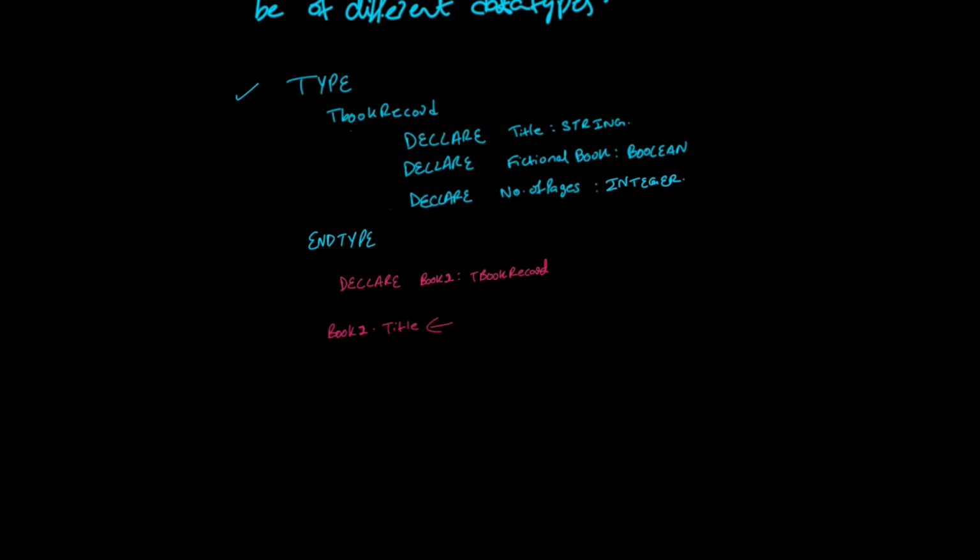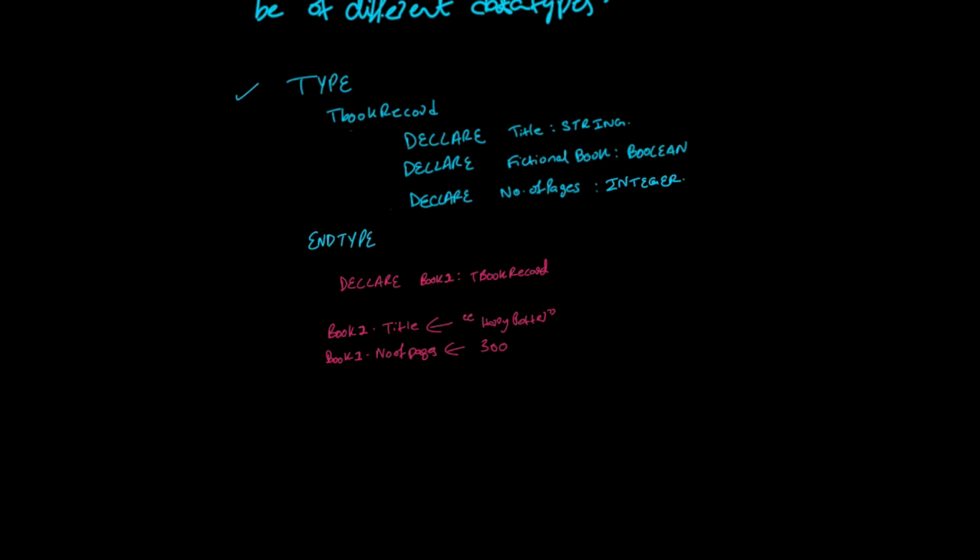For example, my title is Harry Potter and it's a string, so it's going to come in quotation marks, and I'm going to write Harry Potter. Apart from that, if I want to add the number of pages, I'm going to write Book1.numberOfPages. And since this is an integer value rather than a string value, it's just going to be a number. So for example, it has 300 pages.